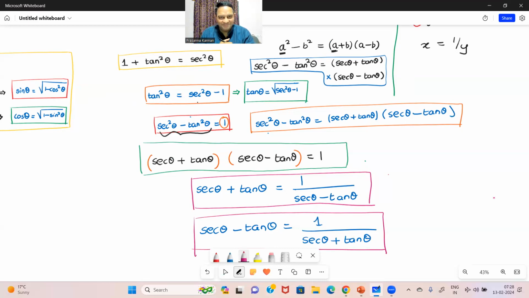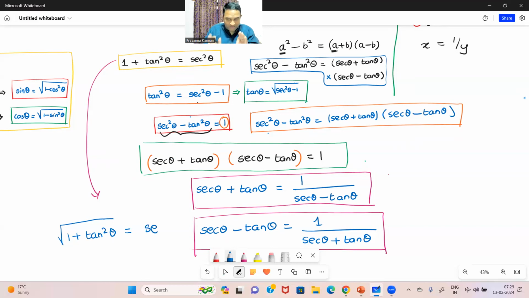Understood? And directly if I take square root of this, then what will I get? What is 1 plus tan square theta? It is sec square theta. Now you take square root on both sides. What do you get? Square root of 1 plus tan square theta is equal to sec, whatever you do, you should do on both sides.